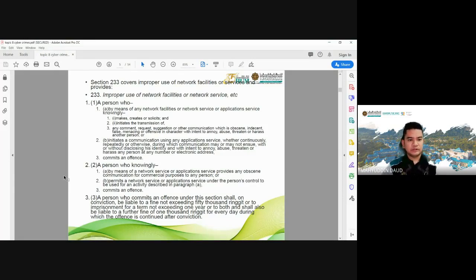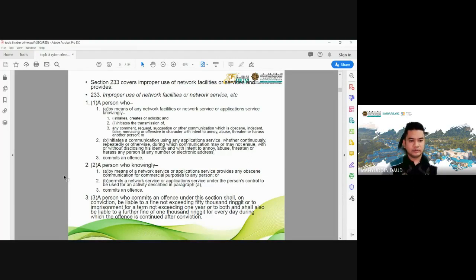So Section 233(1)(a): a person who by means of any network facilities or network service or application service, where the terms network facility and network service have been defined in the interpretation section, Section 6, you can check.